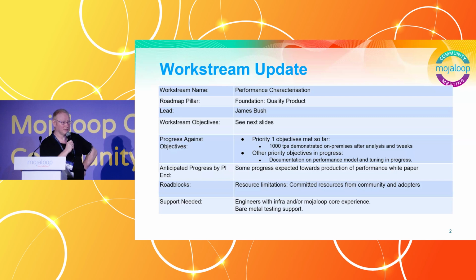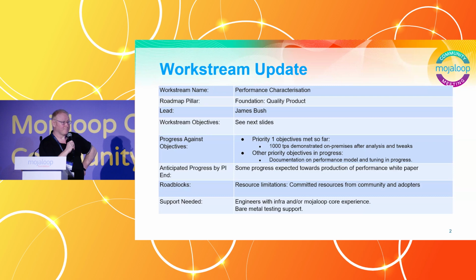So if anybody wants to understand how we're thinking about improving the performance of the Mojaloop platform, how we're thinking about testing that in a repeatable manner, what we're doing about publishing those results and informing people in the community about how to get the best out of their deployments, then please come and join the workstream or one of the workstream calls. There's a Slack channel on the Mojaloop Slack that you'd be welcome to join and ask any questions on.